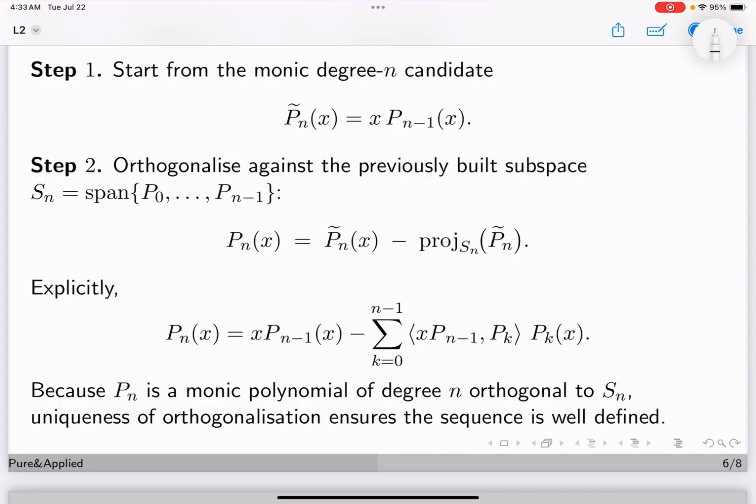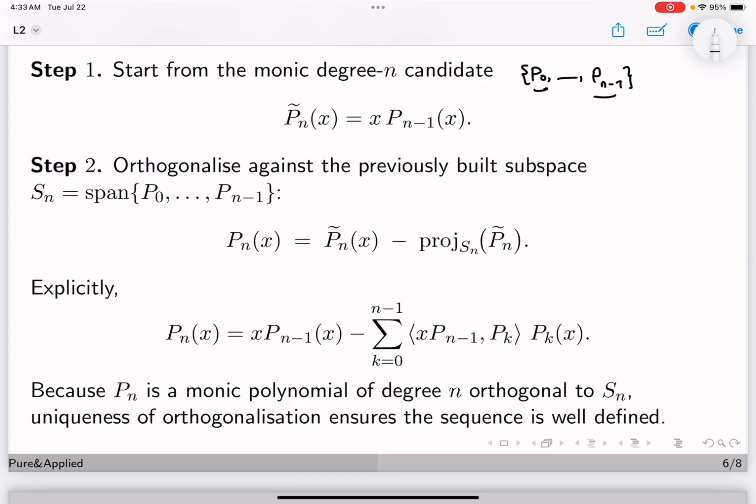Okay, and now we're going to bring the Gram-Schmidt process into the picture. So the point is, starting from p0 up till pn minus 1, we can construct an orthogonal polynomial to each and every one of these.